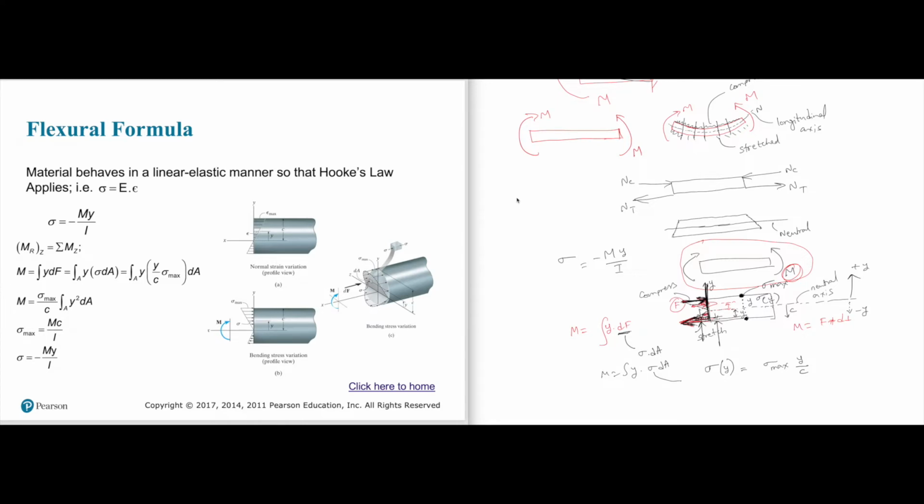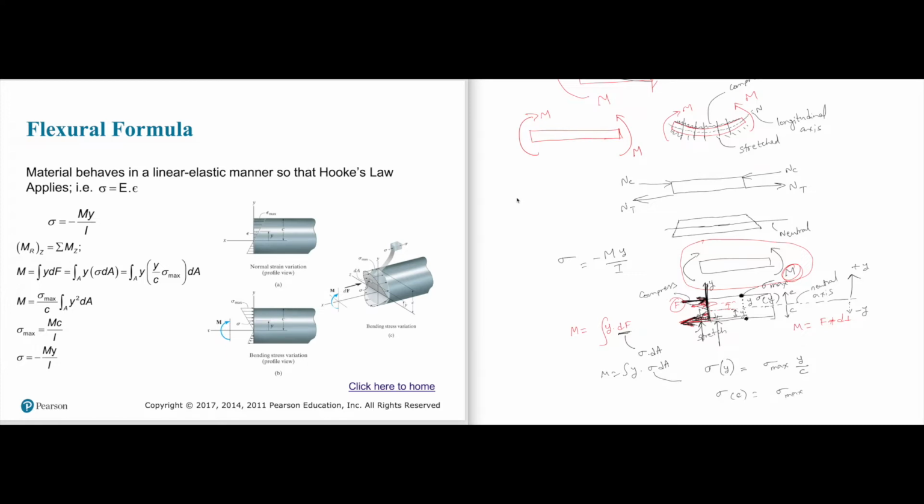So if you apply y to be positive c, right? Because this is also c, that is also c, the bar to the bottom. What happens when you plug in y equal to positive c? When you apply sigma at c, what do you get? You get sigma max, right?